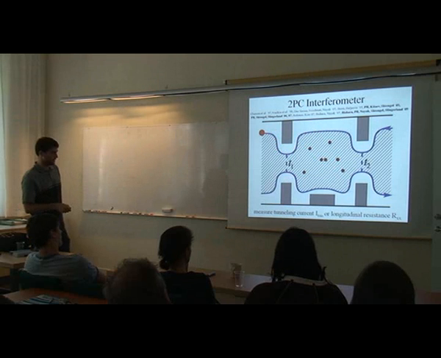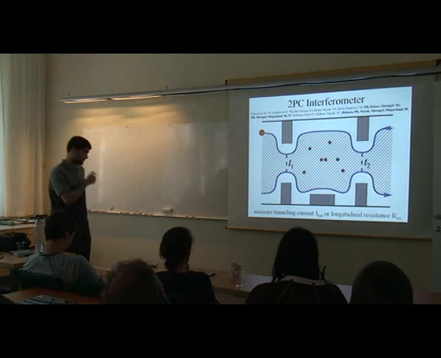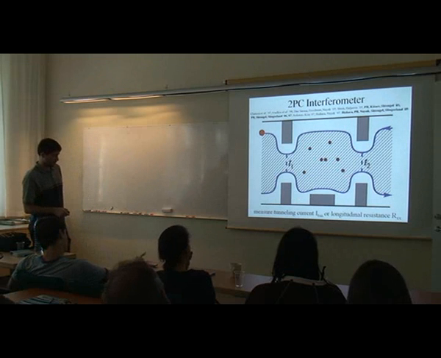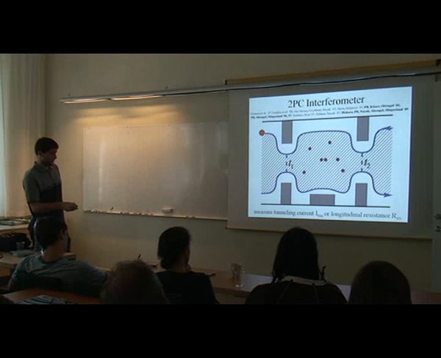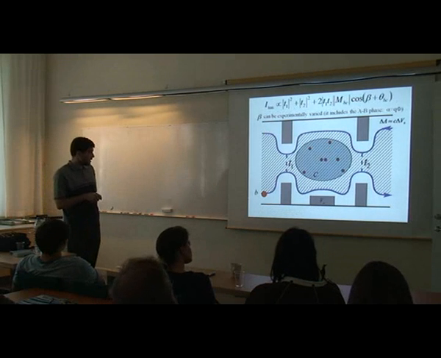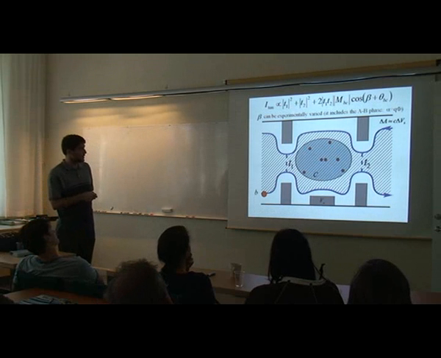And so basically, you're going to have a very prototypical type of interference experiment around this middle region here, which in principle will depend on the area and the types of quasi-particles inside and so on. And the expression you get for the tunneling current is basically what you'd expect.